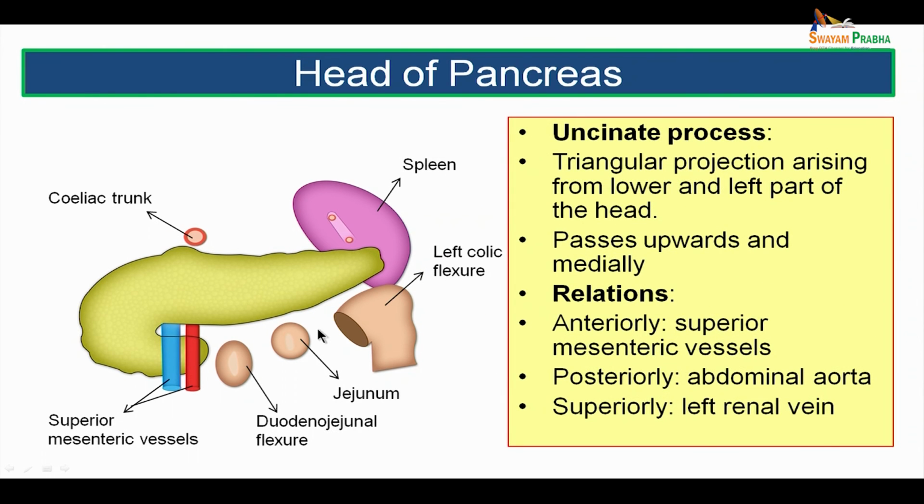The uncinate process is a triangular projection arising from the lower and left part of the head of pancreas. It passes upwards and medially. Relations of the uncinate process: anteriorly, it is related to the superior mesenteric vessels, while posteriorly, it is related to the abdominal aorta. It is related superiorly to the left renal vein.